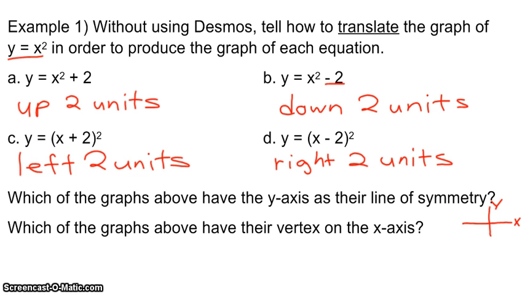For part C and D, we had to move left and right, so that would not allow the y-axis to be the line of symmetry. But for part A and B, we just moved up and down along that y-axis, so graphs A and B would have the y-axis as their line of symmetry.